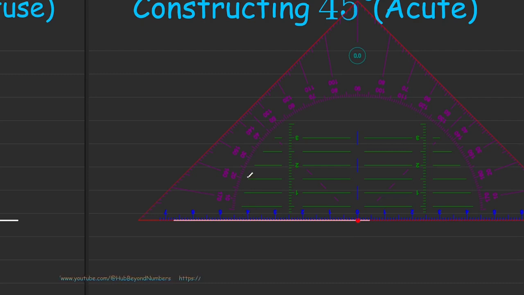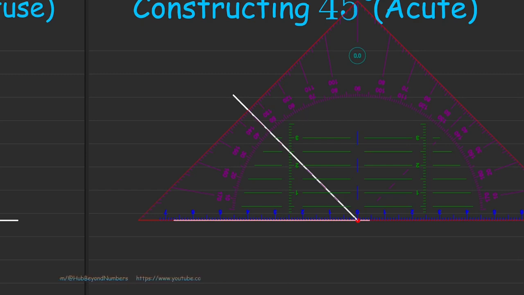With respect to my inner scale, I have my 0, 10, 20, 30, 40, and we have 50 here. So the 45 is between 40 and 50. Hence, we need to put a point over here. And then you take your ruler and draw a straight line through it. Simple as that.